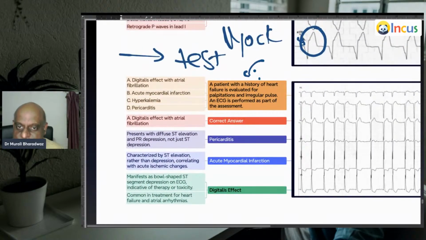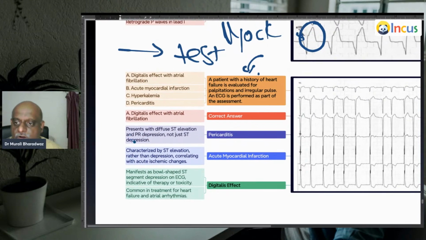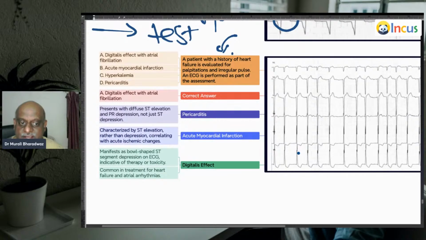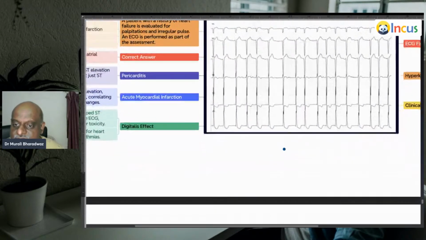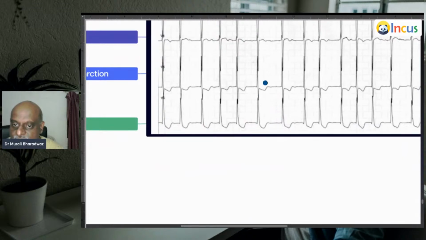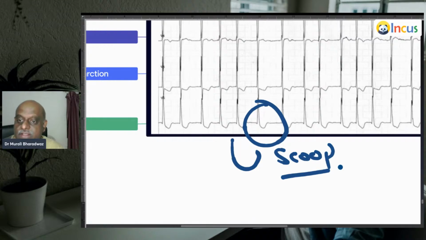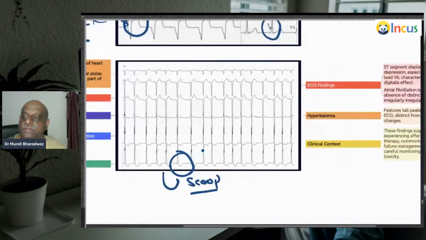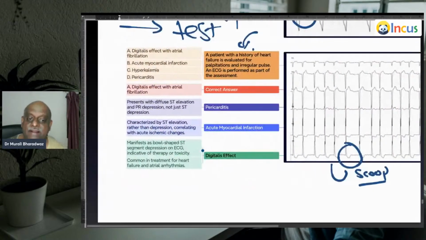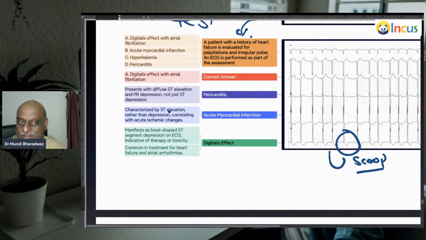A patient with a history of heart failure is evaluated for palpitations and irregular pulse, and an ECG is performed. What do you see in this ECG? There is an ST depression in the shape of a scoop. This kind of scoop-shaped ST depression is the classical thing which is called the digitalis effect, is what you need to remember.